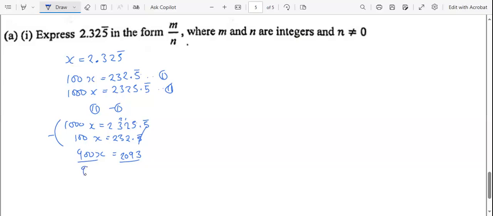We divide throughout by 900. So our x will be in the form of m over n, where n is not equal to 0. Our m now is 2093, then our n is 900.